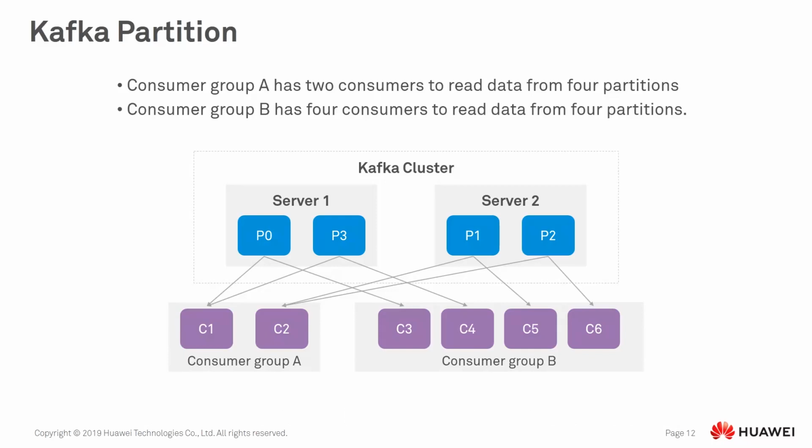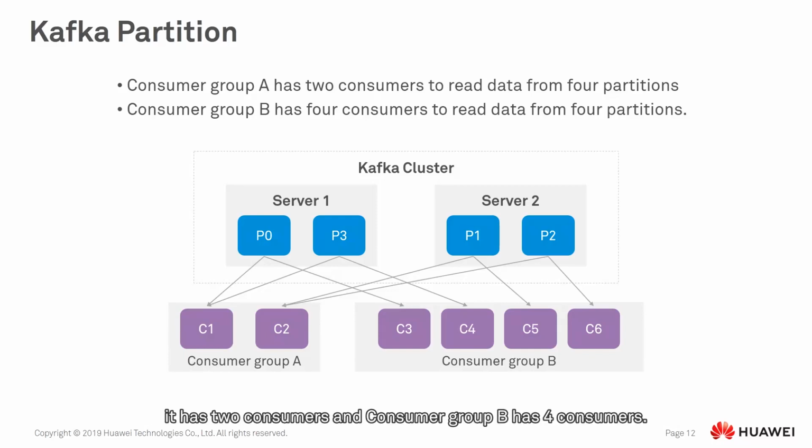Like this figure, consumer group A has 2 consumers, and consumer group B has 4 consumers. There are no consumers of the same group reading data in the same partition, right? So I have to emphasize again that Kafka guarantees that a message is only ever read by a single consumer in the group.